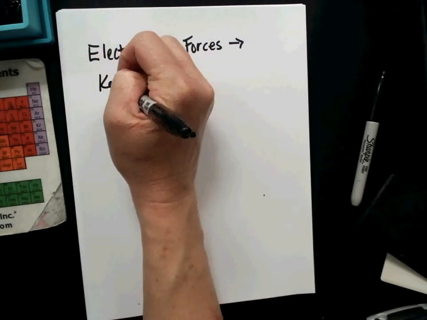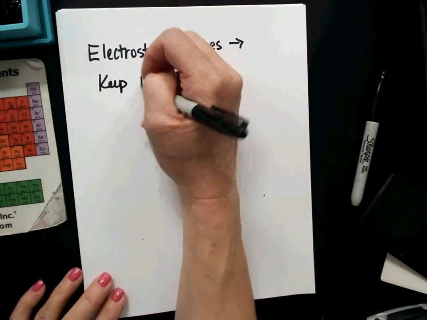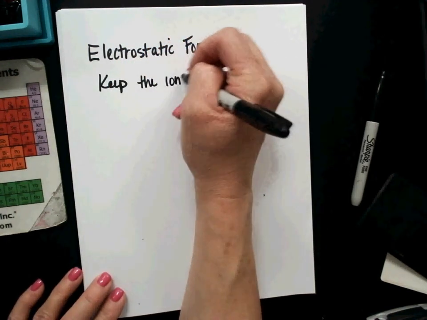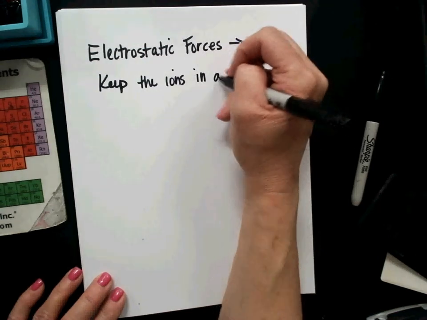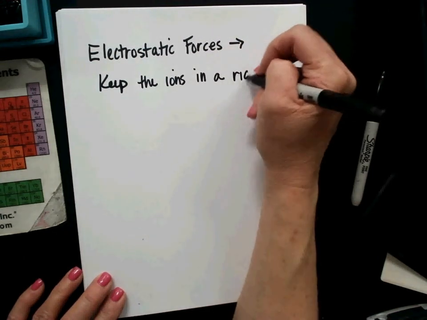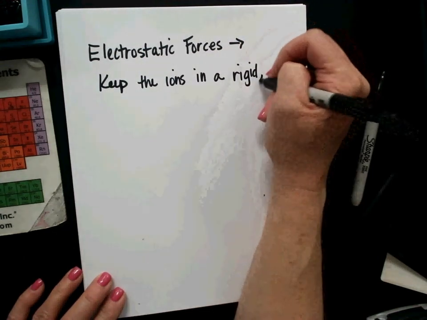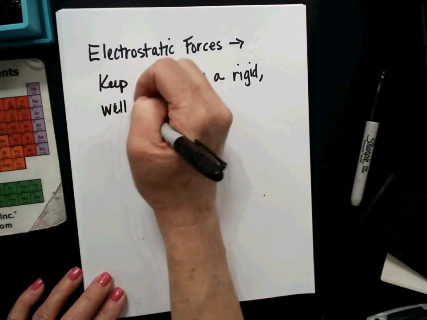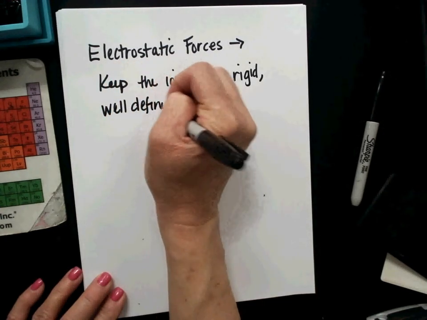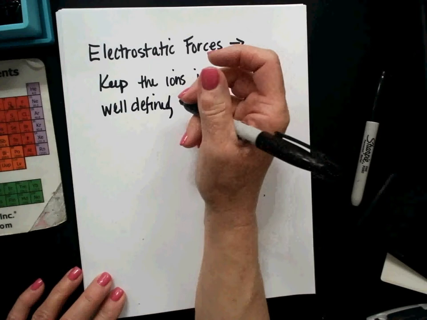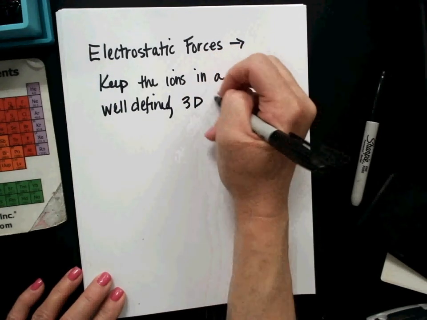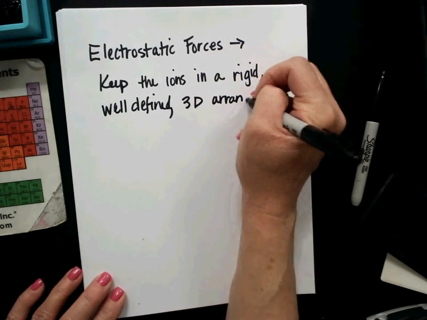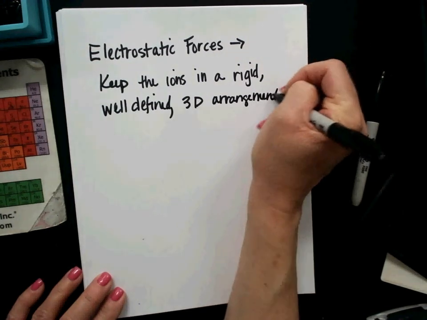The electrostatic forces are what are responsible for, basically, keeping the ions in a rigid, well-defined, three-dimensional arrangement. That's why they're brittle.